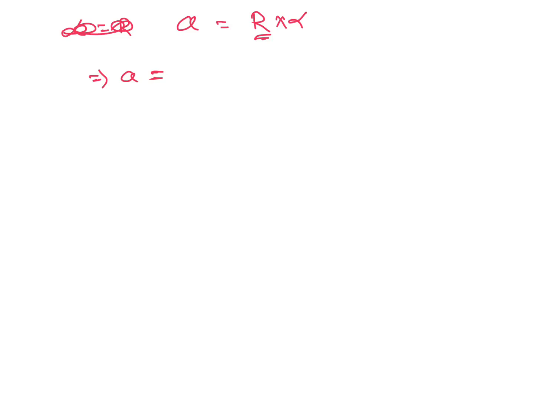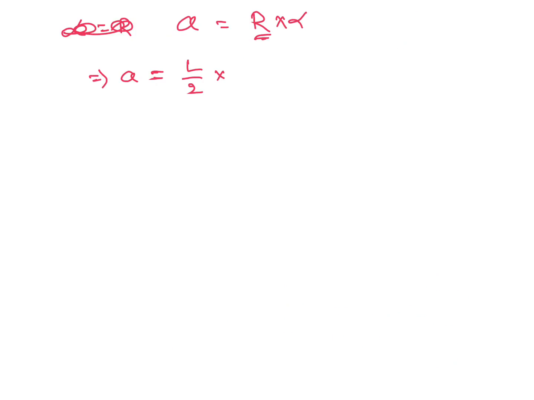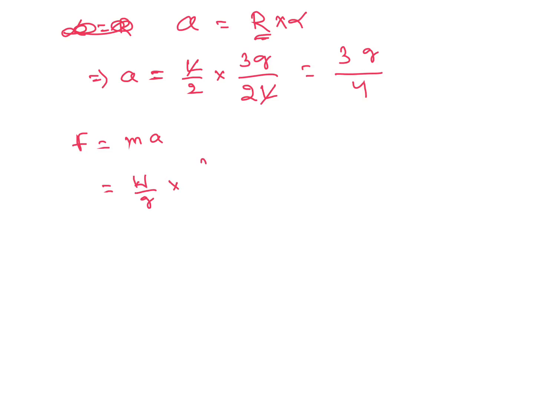So you multiply L by 2 into alpha, which is 3g by 2L, so you will get 3g by 4. This is linear acceleration. We know force equals mass into acceleration. So mass you can write W by g into acceleration 3g by 4, g cancels, 3 by 4 W. This is force.